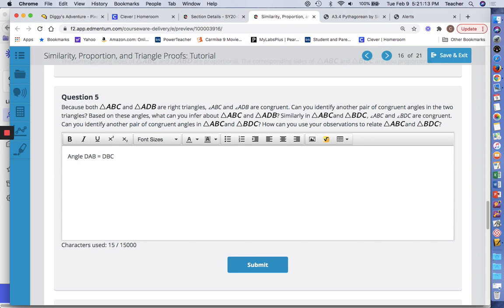I now have an angle, so based just on side angle side alone, these are similar triangles. So the triangles are similar because the sides are proportional and the angles are congruent.